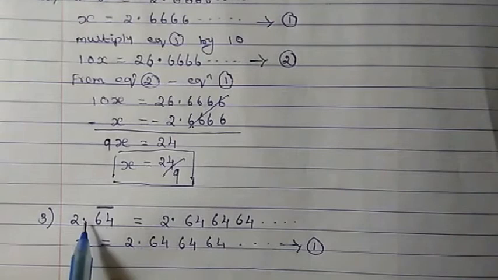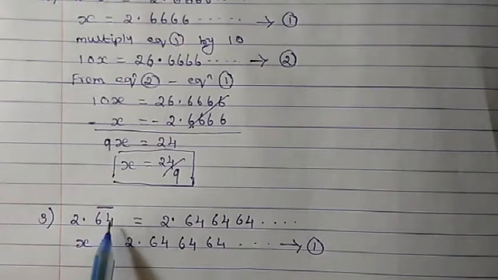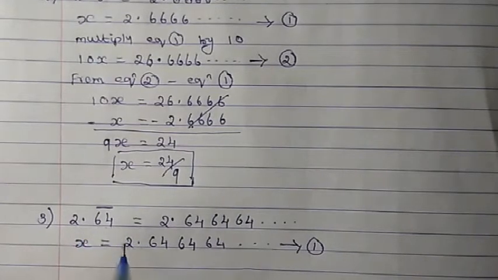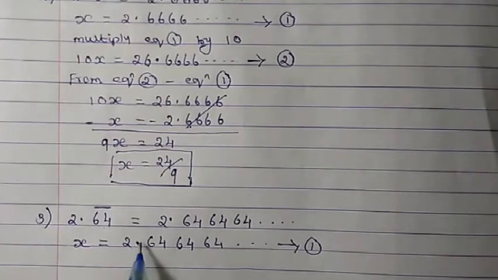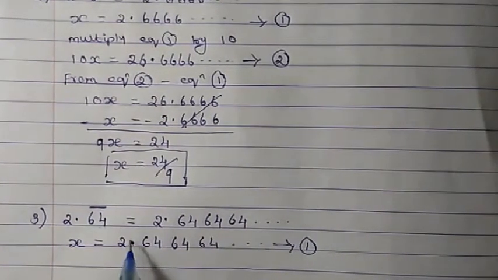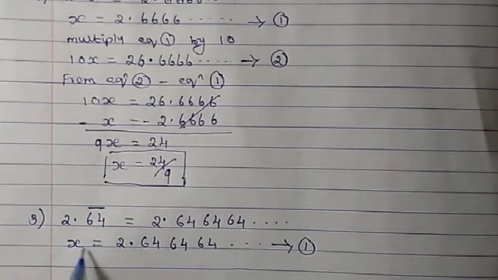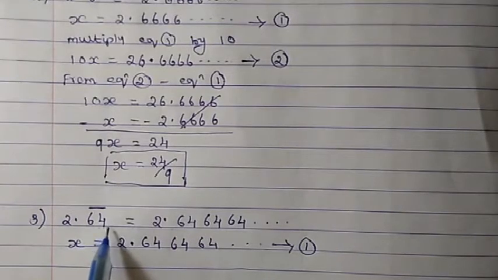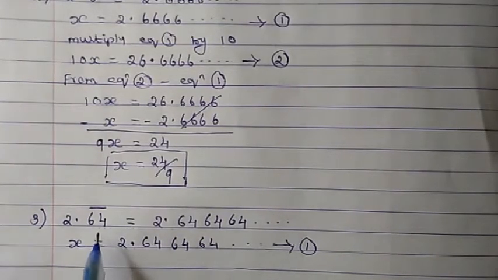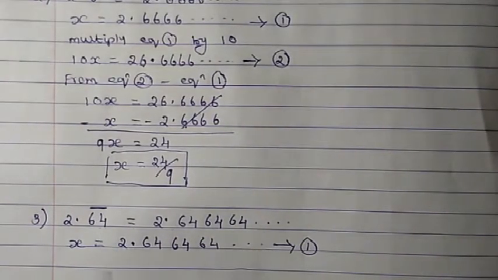Next we have to bring these 2 digits inside, so the decimal has to shift and bring the 2 digits inside. Since it is 2 digits, we have to multiply by 100.